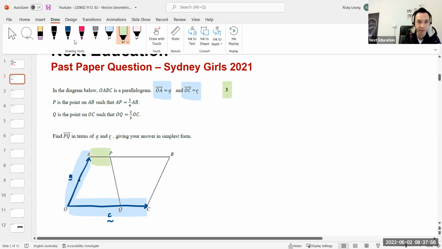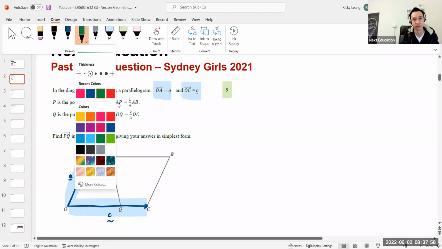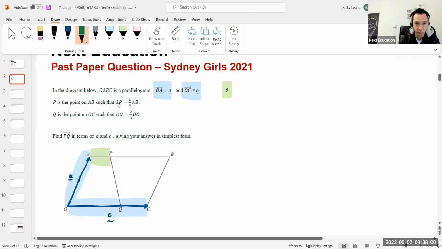I'm going to write this in green to make sure it's 1/4. Because it's a parallelogram, that's C as well, so this must be 1/4 of C. Q over here is 2/3 of OC, so this one here is 2/3 of C. Cool, so that's these two pieces.